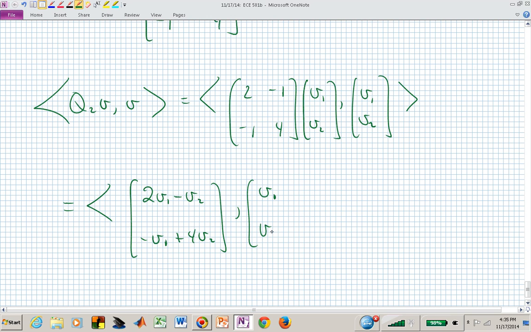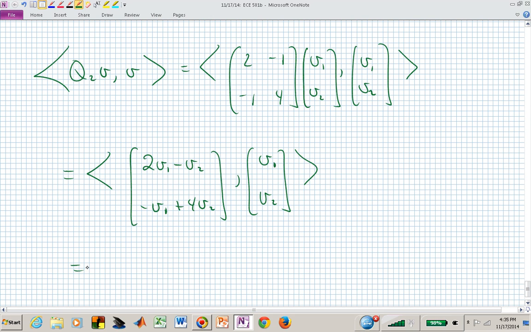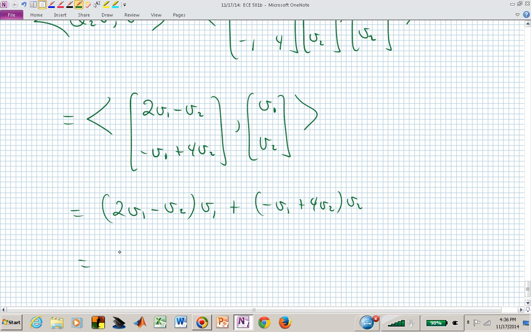We have v1, v2, and now if we form the conventional inner product, we have 2v1 minus v2 times v1 plus minus v1 plus 4v2 times v sub 2, or we now have 2v1 squared minus v2 v1 minus v1 v2 plus 4v sub 2 squared.